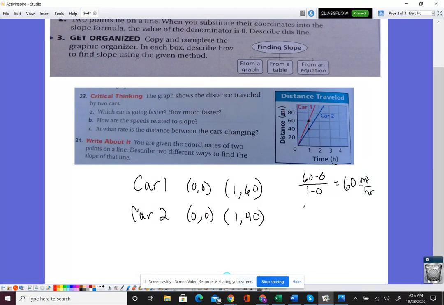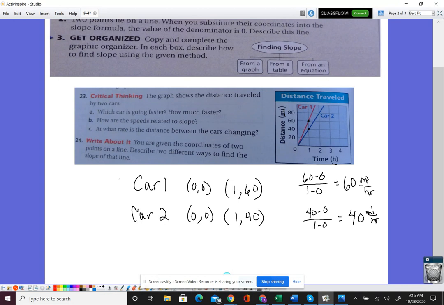And this car down here is 40 minus 0 over 1 minus 0, so that's 40 miles per hour. So which one's going faster? Car 1 is going faster. By how much? 20 miles per hour.